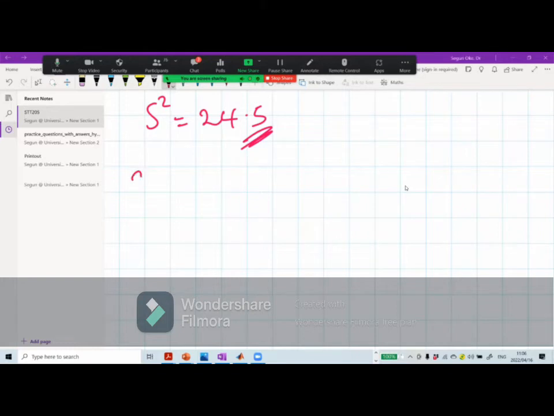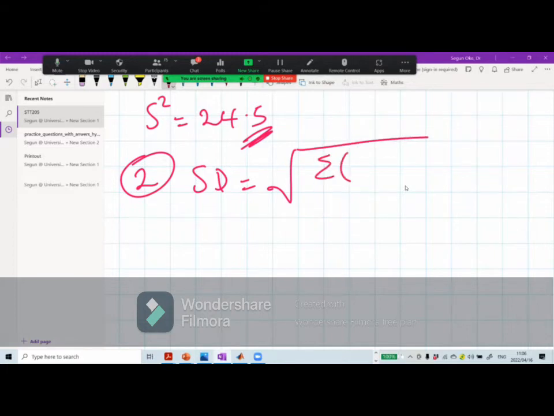But for the second question, it's the same way, but the formula for the standard deviation there is summation of X minus X bar, in brackets, raised to power 2.